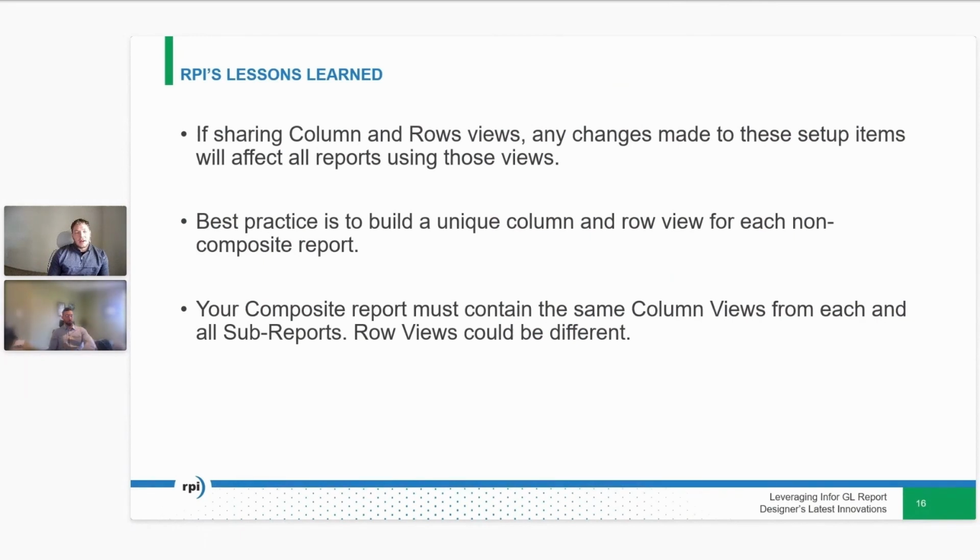So we would recommend that when you're building out an individual report, that you use that copy and paste, or copy and create from feature for any shared row views to prevent any changes being made to reports that you don't want those changes applied to. So keep unique column views and unique row views for each report, with the exception of our composite reports, as they do require you to share that row view.